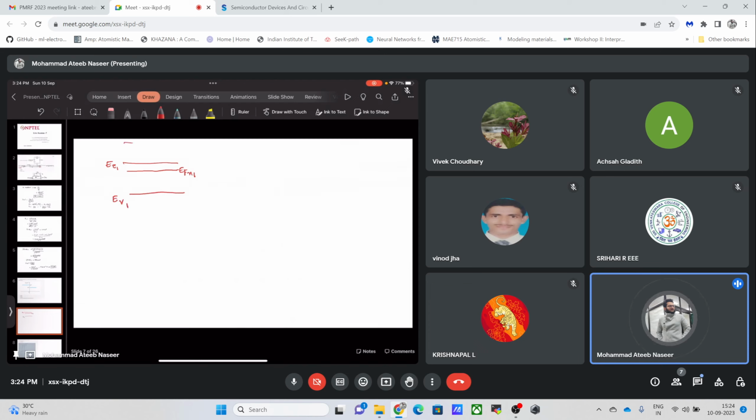And if this is the vacuum level, this vacuum level will be constant throughout. This is the EC2. Since this material is lightly doped as compared to the material on the left hand side, it would be EFN2, which will be a bit farther than the EC2. This will be EV2.